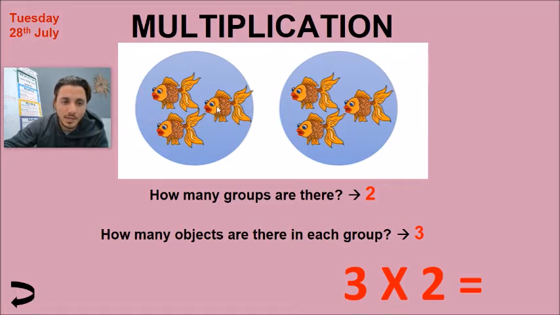We've got 3 multiplied by how many groups? 2. 3 multiplied by 2. Can you tell me what the answer is for that? You'd be counting all the fish. 3 multiplied by 2 equals 6. 1, 2, 3, 4, 5, 6.